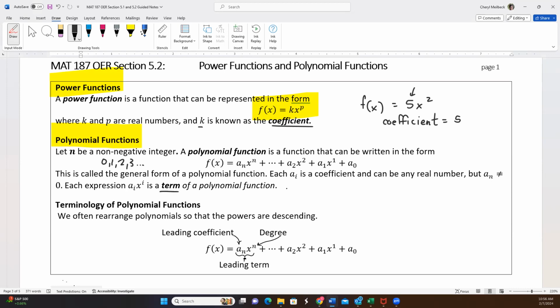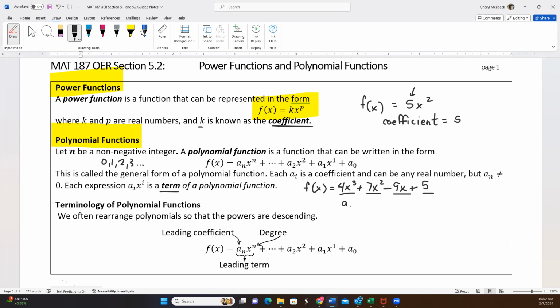So giving you an example, say we have f of x is 4x cubed plus 7x squared minus 9x plus 5. So each of these are terms.